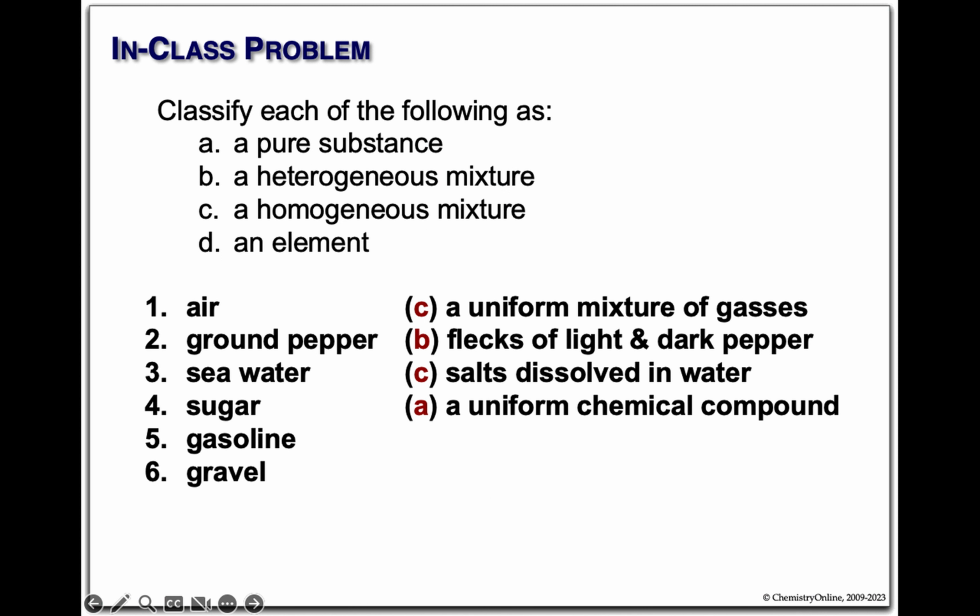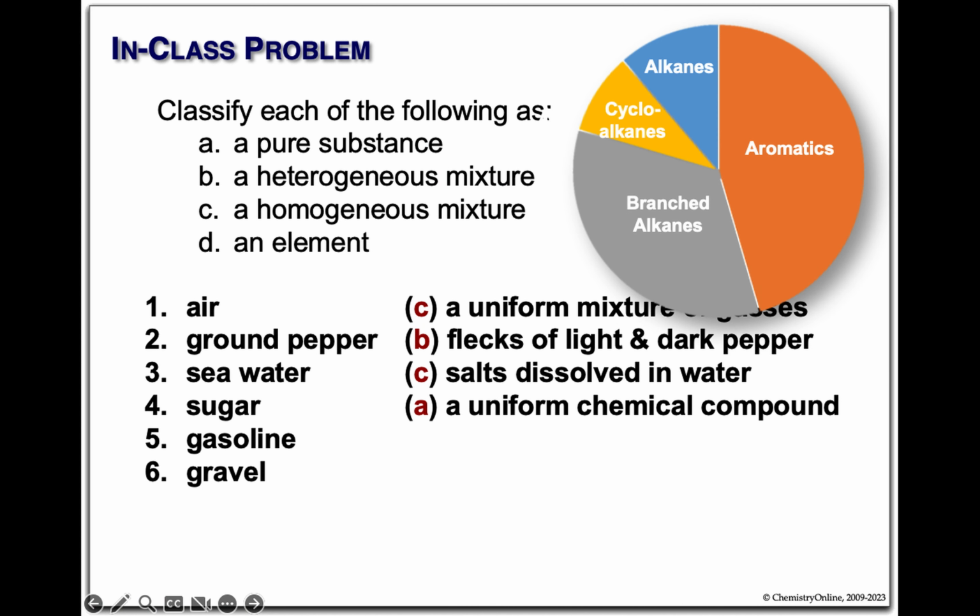Ever thought about exactly what gasoline is? Well, it looks something like this. It's a mixture of organic compounds. Aromatics like benzenes, substituted benzenes, alkanes, cycloalkanes, branched alkanes. It's a mixture of all of these guys.